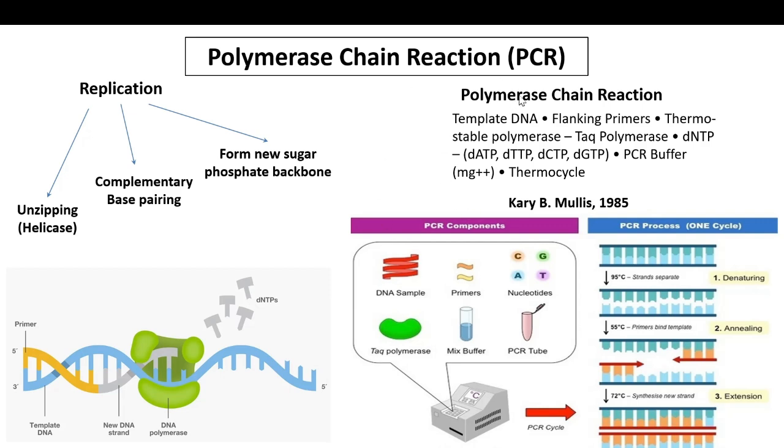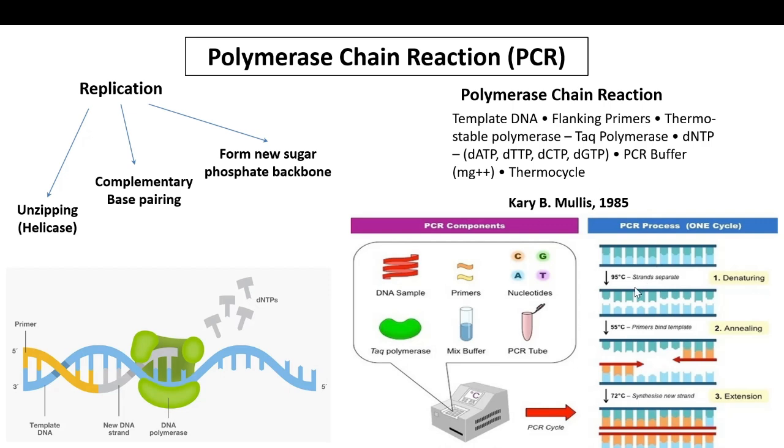But there is a problem with that, because if you use the normal DNA polymerase, which is responsible for the replication process in our cell, that is the DNA dependent DNA polymerase, then that enzyme will be unstable at this high temperature and will degrade instantly at 95 degrees Celsius. But in PCR, we unwind the DNA with the help of temperature.